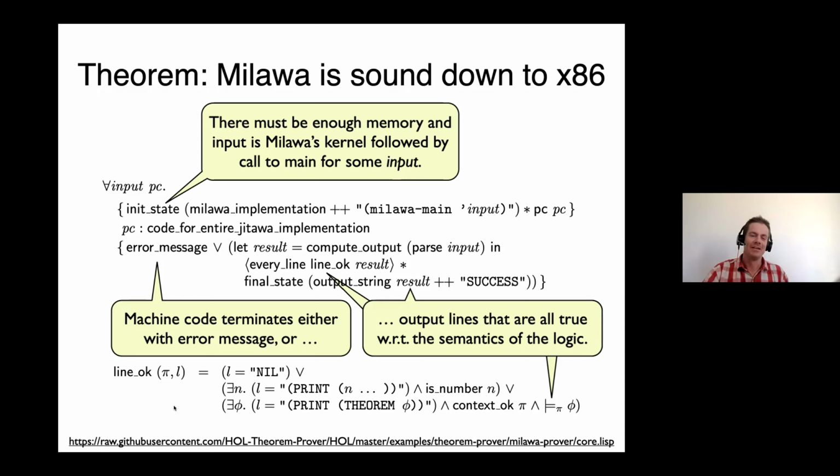So this is just really showing that one can get these really end-to-end theorems, because this is talking about machine code at the same time as it's talking about the semantics of the logic that it's implementing in the application that's running on top.